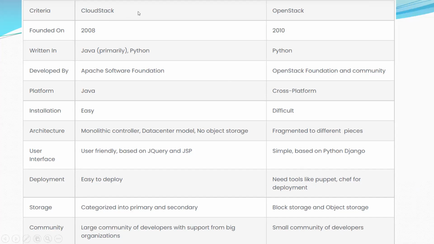CloudStack was founded in the year 2008, whereas OpenStack was founded in the year 2010. The next difference is what it is written in. CloudStack is primarily written in Java, and after that Python, and OpenStack is completely in Python.